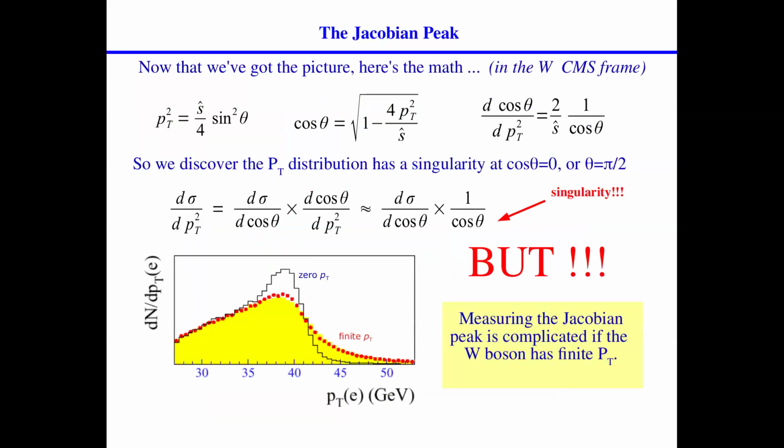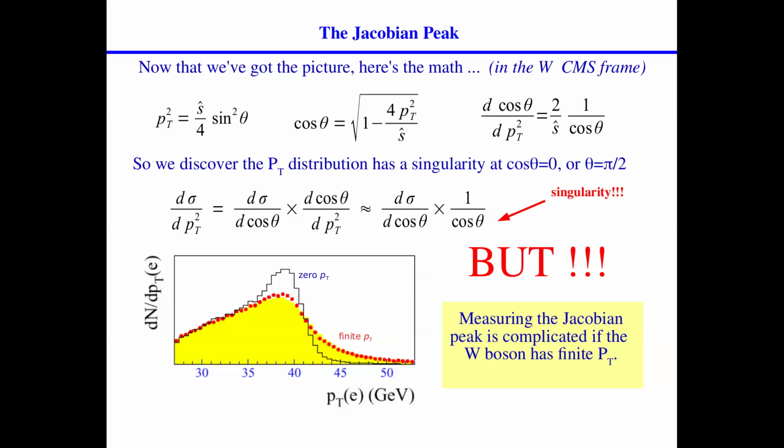Now that you have the cartoon in mind, here's the math. It's called the Jacobian peak just because if you calculate the Jacobian between the PT distribution and the angular distribution, you pick up this factor in the Jacobian, and that's ideal because if you plot this, you get an edge. Assuming 0 PT, that's a thin line here, you get an edge right at half the W mass.